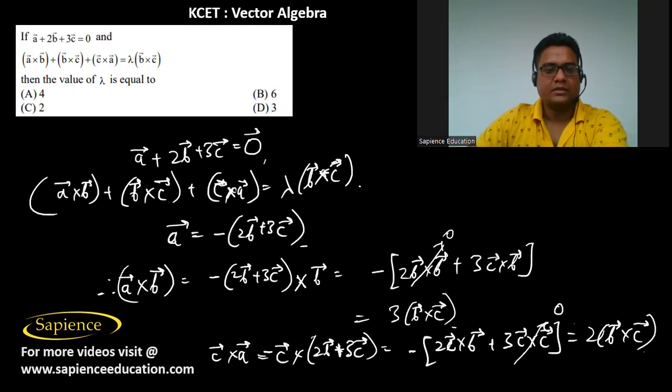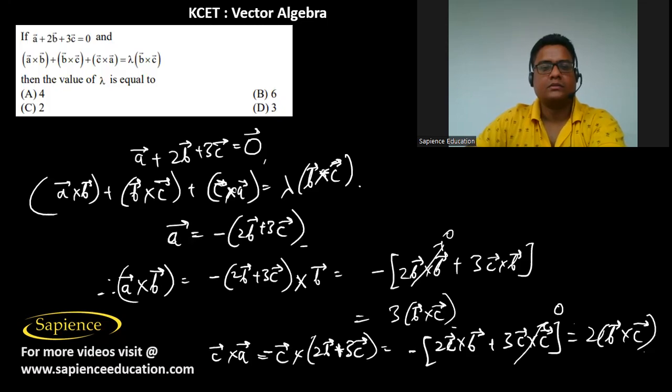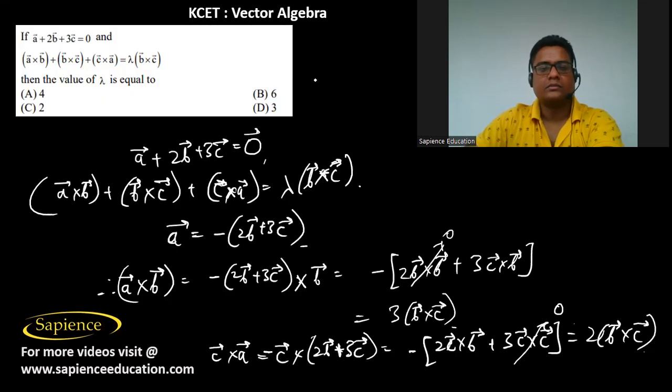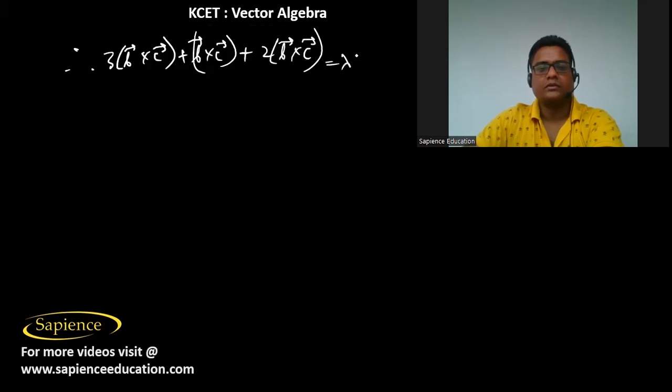Now, therefore, a cross b, that is 3 b cross c, plus this is b cross c, plus this will be c cross a, that is 2 into b cross c, equal to lambda into b cross c.